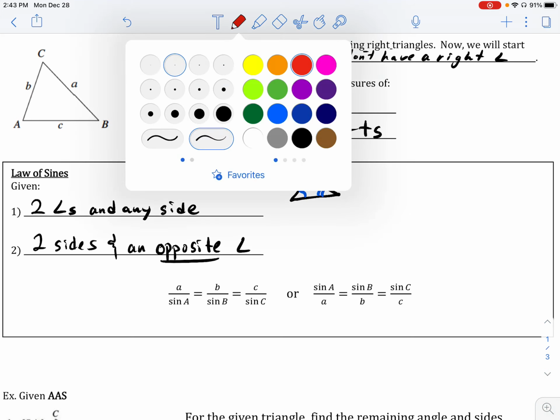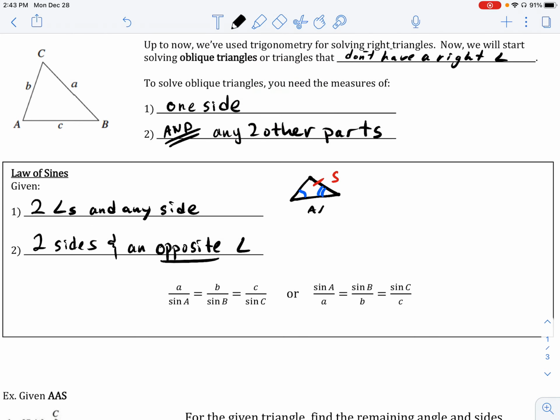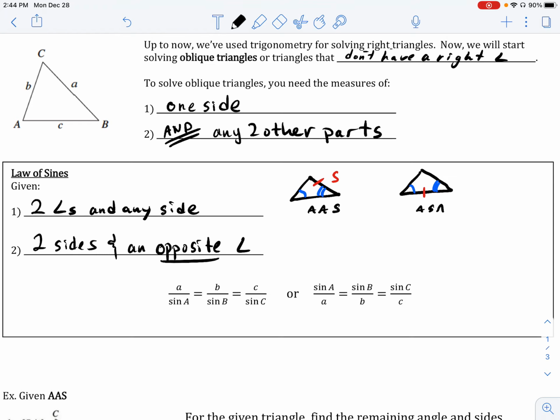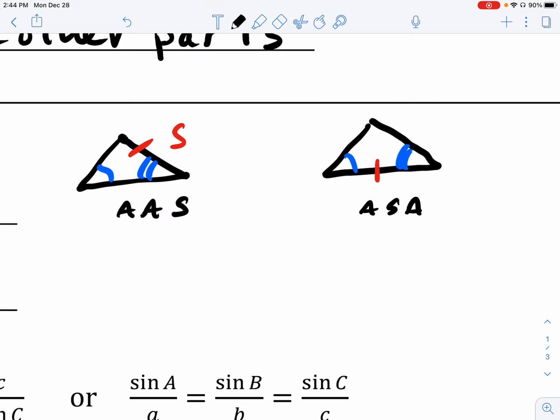This is what we call an angle side angle case. In this case, we have two angles, and the side that we're given is the side in between these two angles.